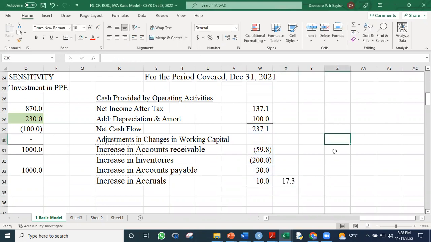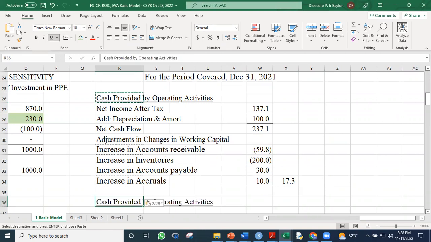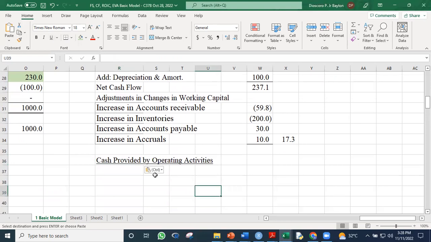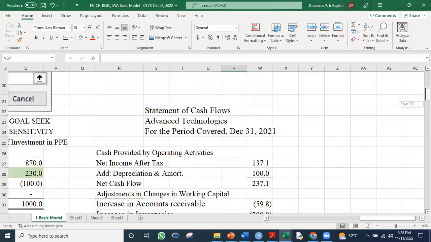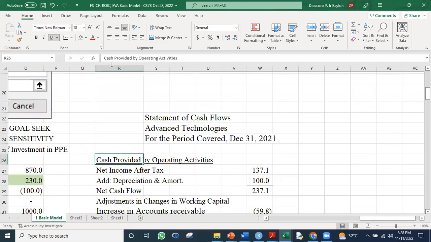All right. Let's now go to the next one. So let's just copy this. Control C, and then let me put it here, Control V. So this one should be cash flow. Let's put here cash flow.